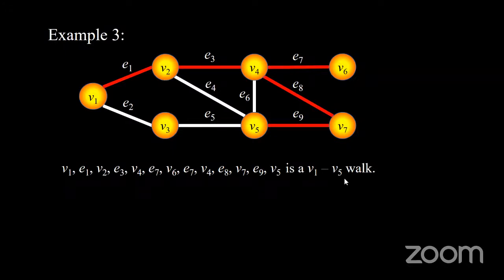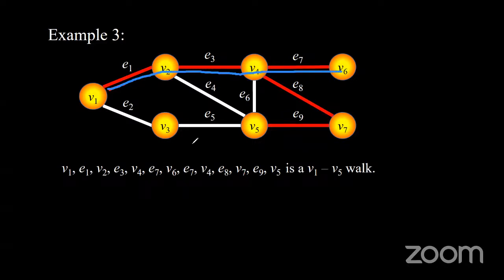V1, V5 walk. So that is from V1 to V5. So you go from here, you go from here to there, and then V4 to E7.